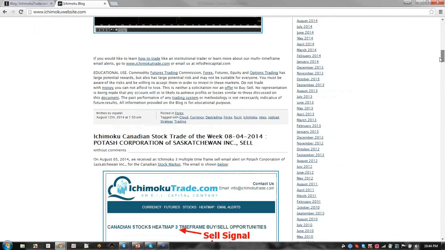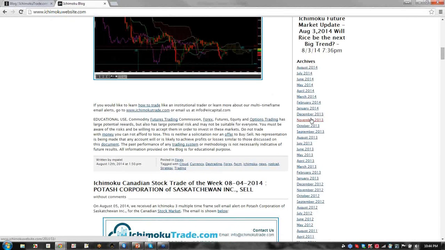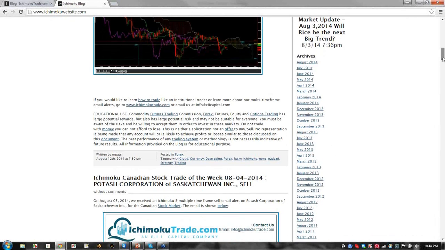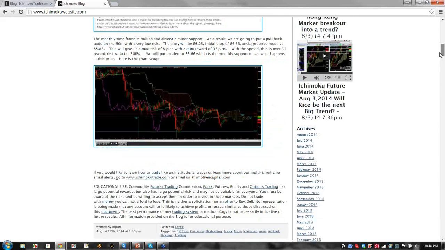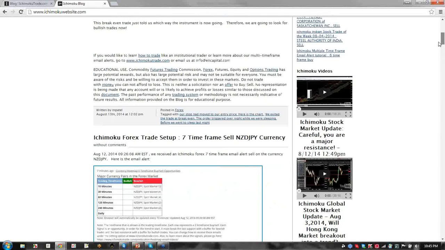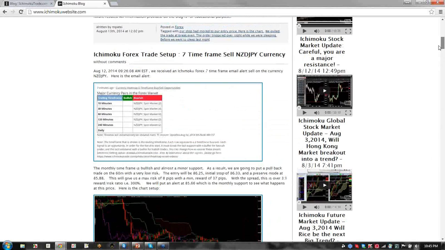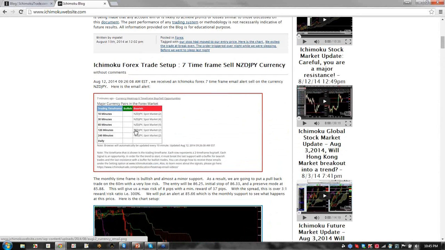If you scroll down here, you actually see archives of trades dating all the way back to 2007. Yes? So you could see exactly what I mean all the way back to 2007, can't you? Yeah? Wow. Isn't that pretty interesting? So you could kind of see the progress of Ichimoku and how I learned it and so forth by tracking it, couldn't you? So let's look at this email alert.